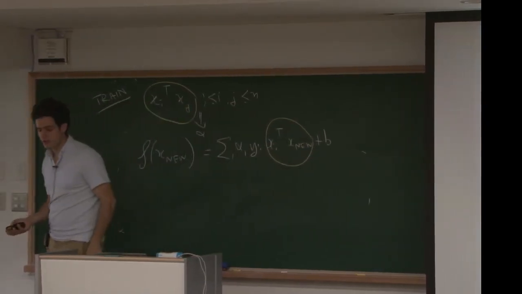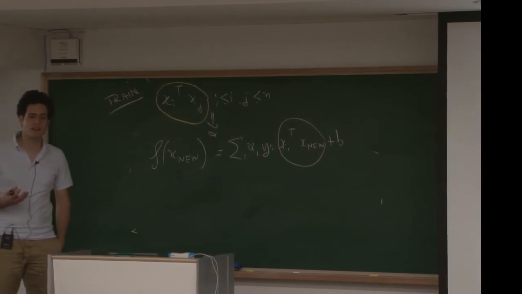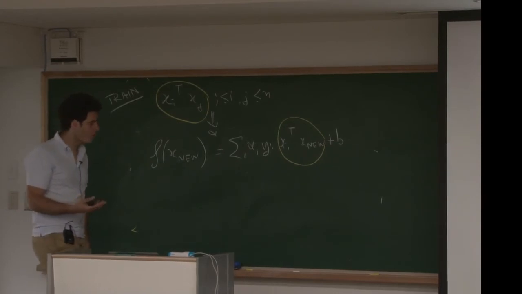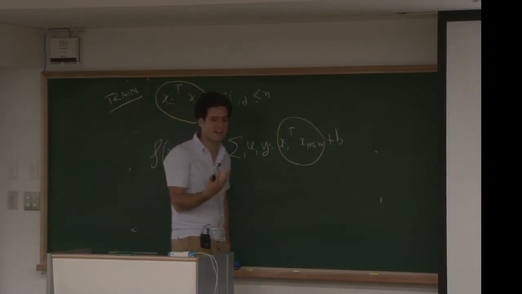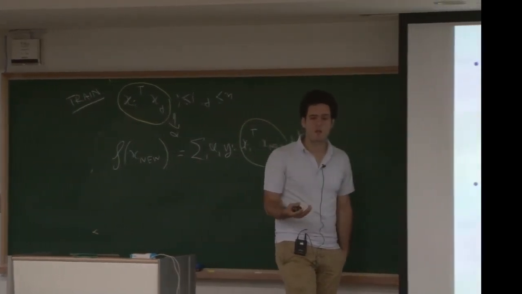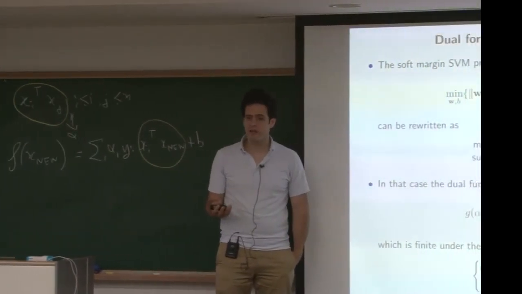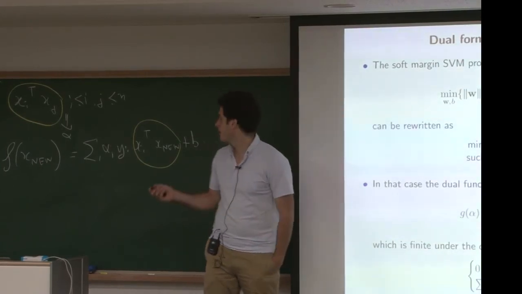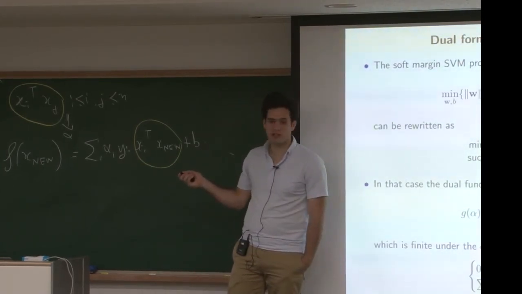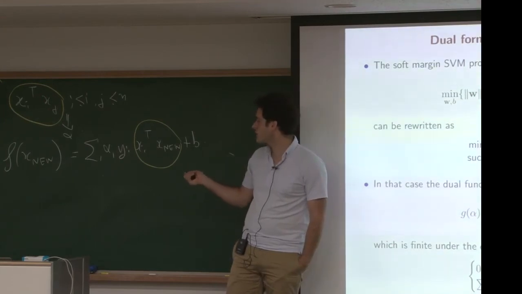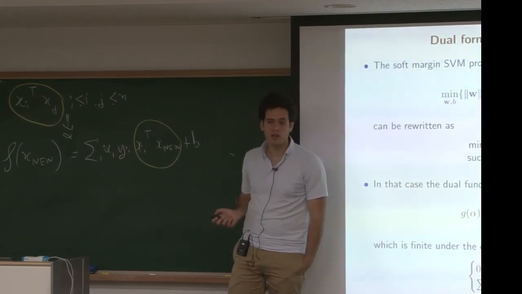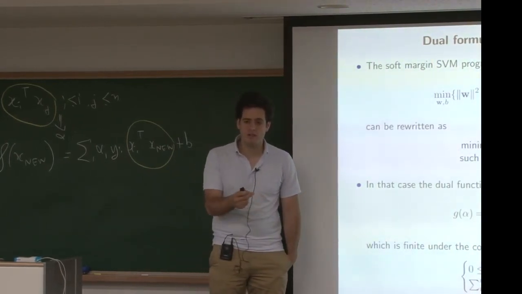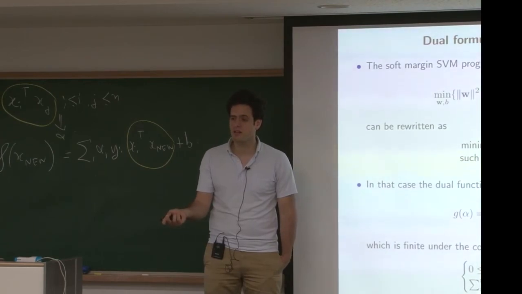So do I need to know exactly what the xi's look like? It doesn't. The only thing that matters for the SVM is the dot product of one instance with respect to another instance.